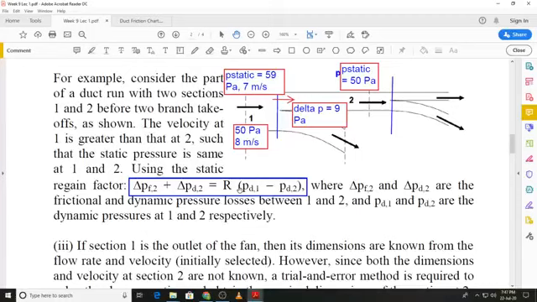For example, if 90% of the dynamic pressure reduction is converted into a static pressure rise, R will have a value of 0.9. That means 10% are the losses, and when we work with the numerical, we will be given this value for a particular problem. So that is the critical part of this method, the static regain method.